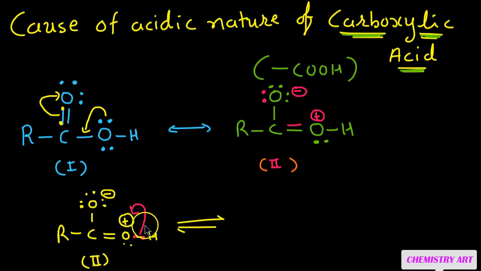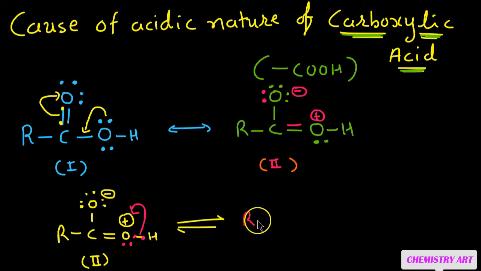And see here, now this oxygen has become negatively charged. This oxygen now has 2 lone pairs of electrons: one it was already having, and another one which it gained. So I can draw a new structure of the carboxylate ion like this.